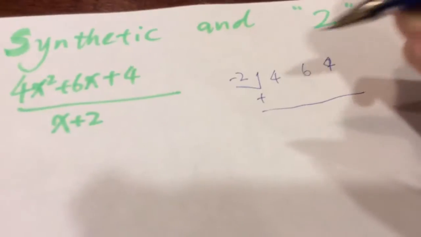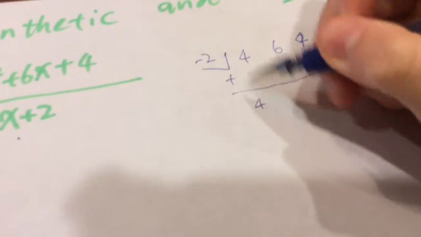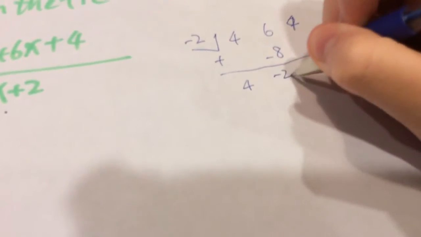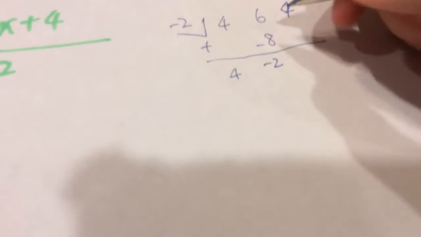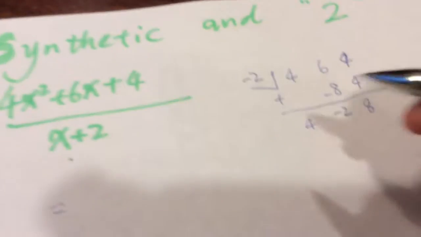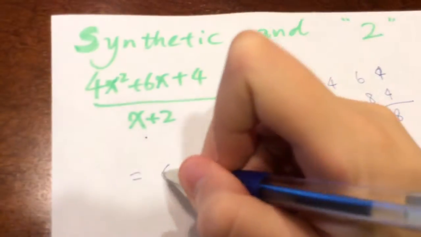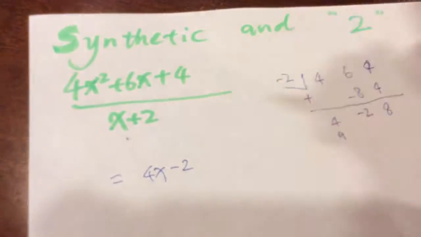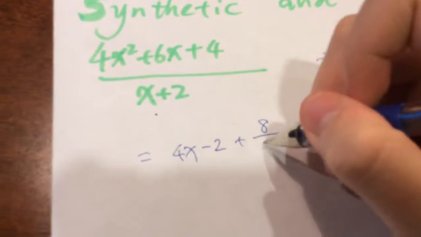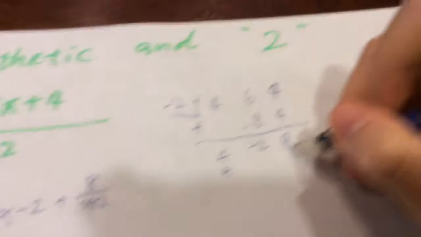Remember to plus. So because it's only x, copy the 4 down. 4 times negative 2 is negative 8. Plus 6 is negative 2. Negative 2 times negative 2 is 4. Plus 4 is 8. So this would be 4x minus 2 plus 8 over x plus 2.